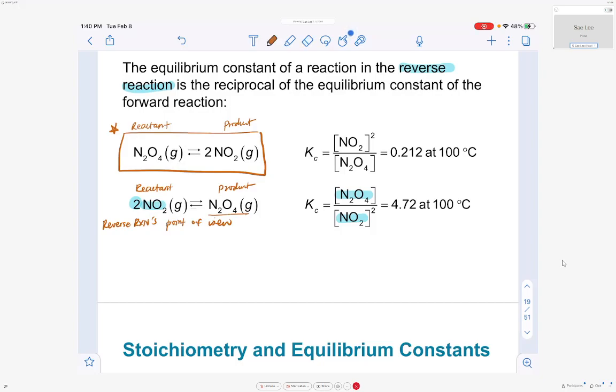It's basically 1 over 0.212, which equals 4.72. So if you were given Kc for the forward reaction as a number and asked to find the Kc for the reverse reaction, you don't really have to do all this math. You simply take 1 divided by the Kc value of the forward reaction, and you will get the Kc value for the reverse reaction. Okay.